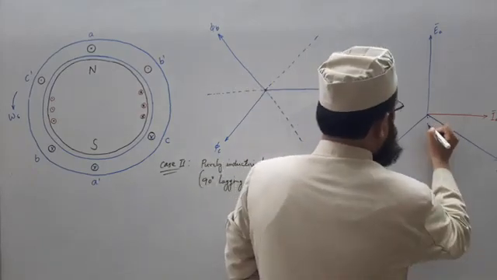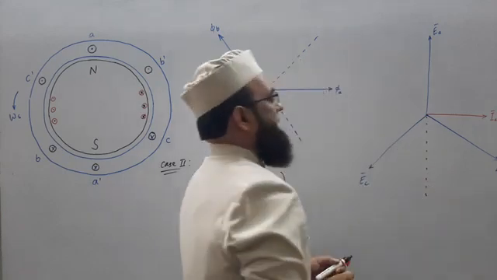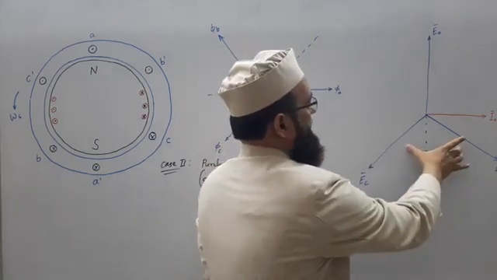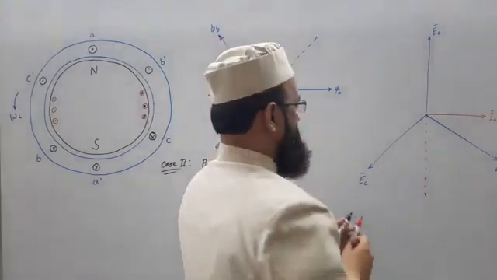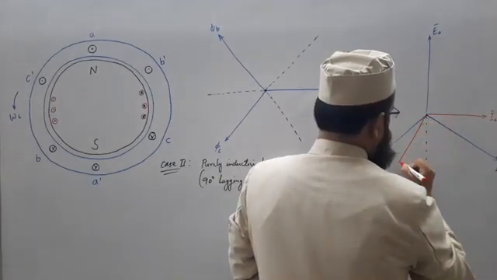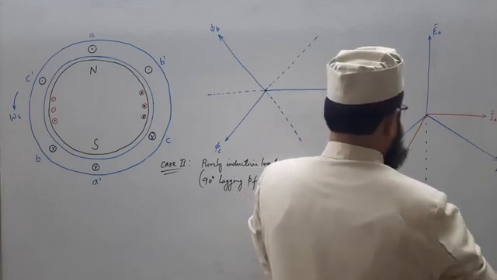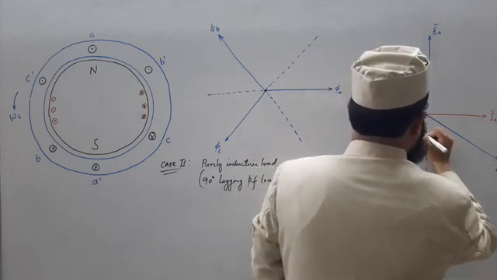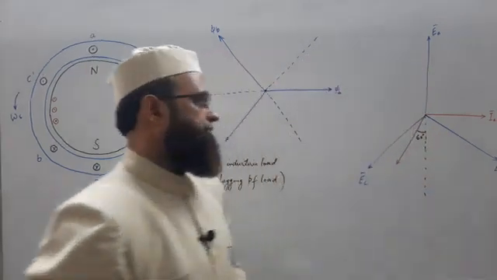So first extend this vertical axis along the negative direction, and these two are having a phase difference of 120 degrees. So 90 degrees means 30 degrees with this, or 60 degrees with this. Let's check it.